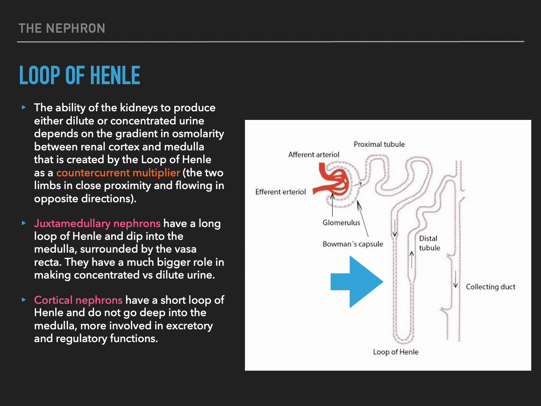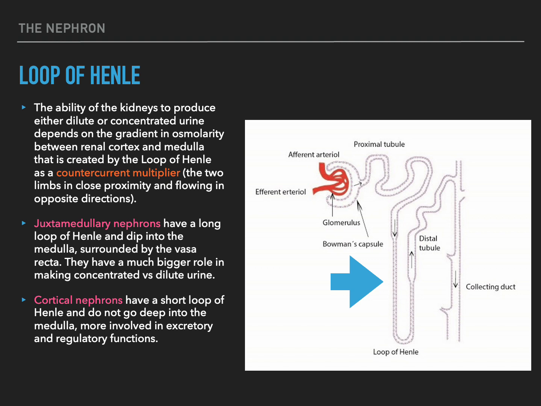The countercurrent multiplier is the two limbs, as you see in the loop, that are in close proximity and are flowing in opposite directions. You will be able to see in the next few slides how that facilitates exchange of solutes and fluids. Within the loop of Henle, there are two different kinds of nephrons, juxtamedullary and cortical.